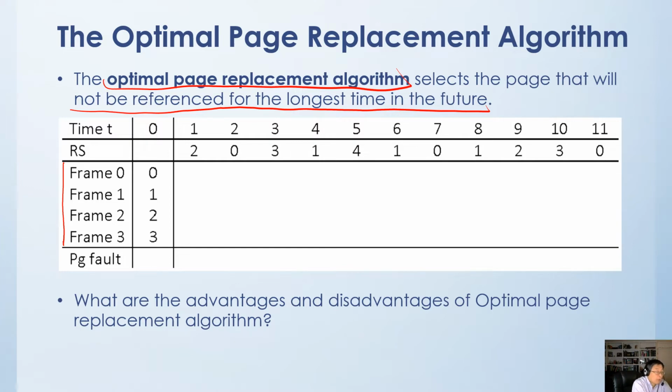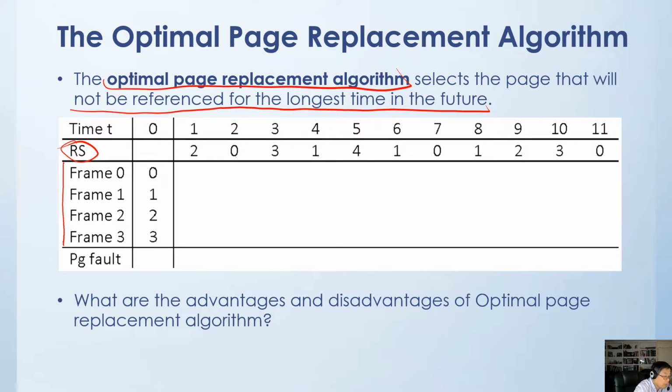Now, the virtual memory, the virtual address space, is much bigger. In this case, we have the reference string RS, which has the page numbers 20314. It looks like the virtual address space contains pages from 0 to 4.